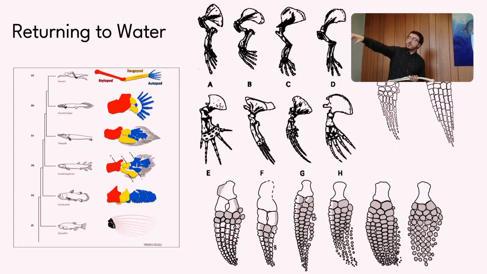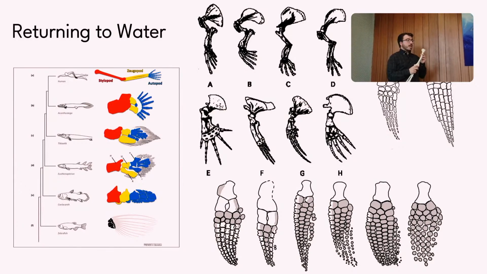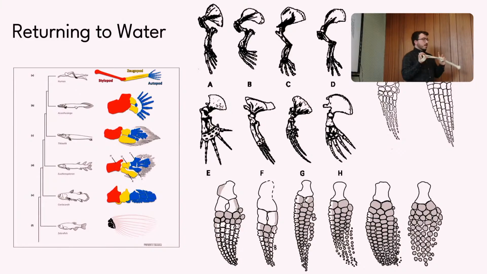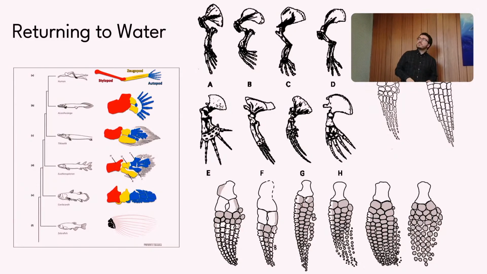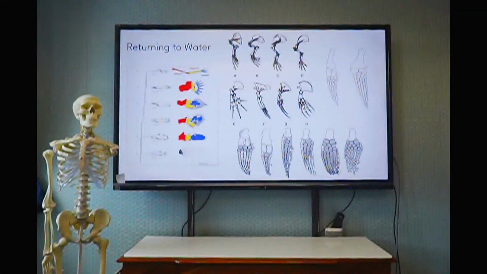And you see that red bone at the back there is broadly the same kind of bone as this bone here, the humerus bone. And then you can see the yellow bones here, got the radius and ulna, and that gets more and more obvious as you get closer to modern tetrapods.